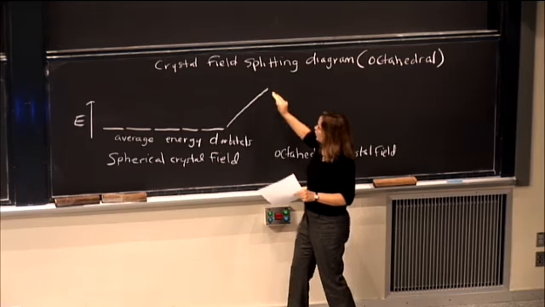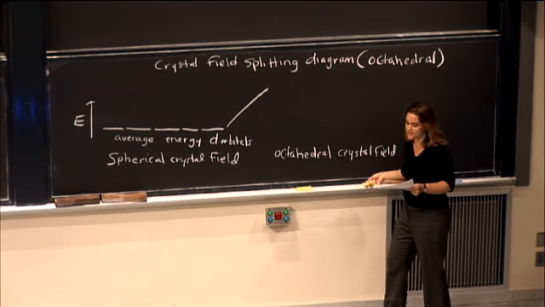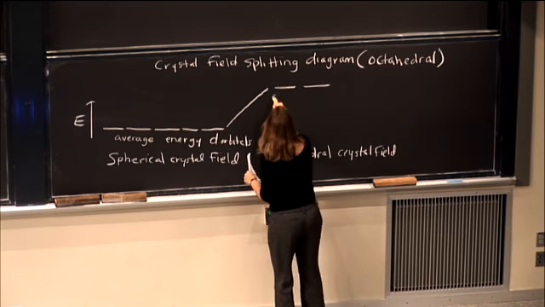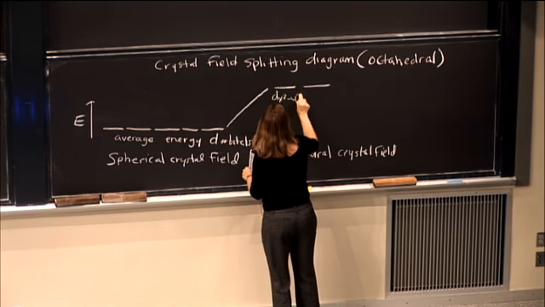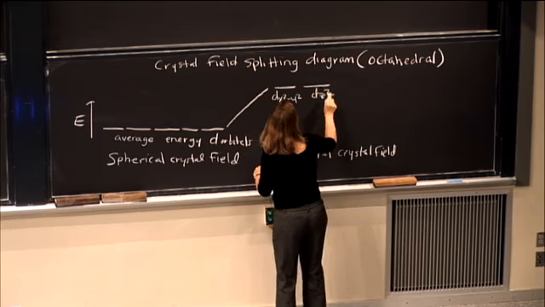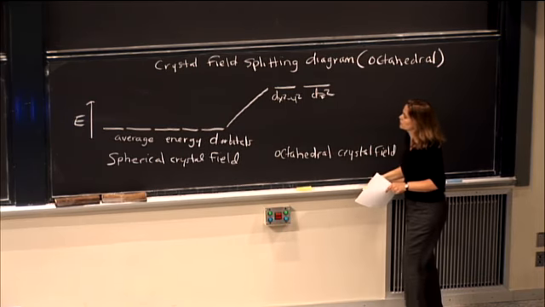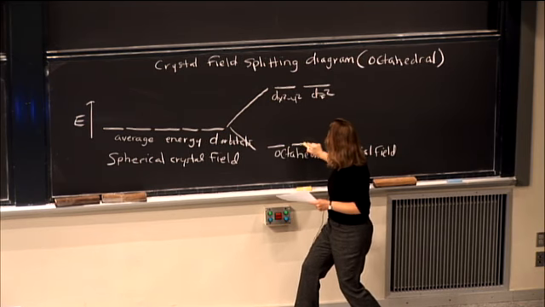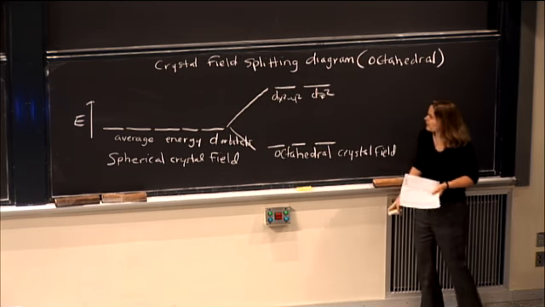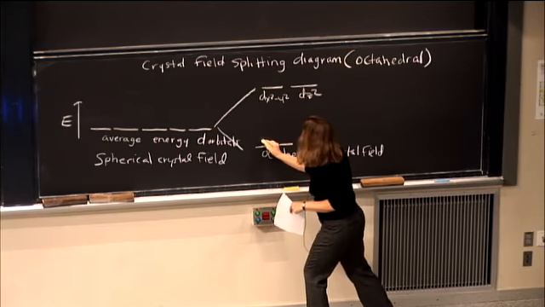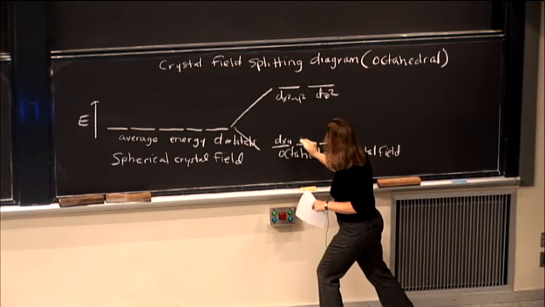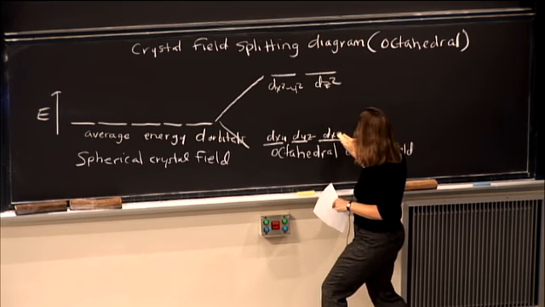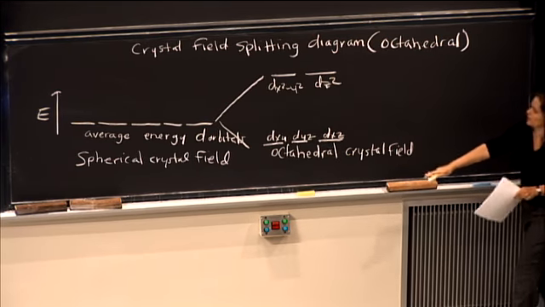So some of our orbitals are going to be destabilized, and they'll be higher in energy here. So the dx squared minus y squared and dz squared over here are going to be higher in energy. And we're going to have 3 that are lower in energy. So we'll have our dxy, our dyz, and our dxz over here. Will be lower in energy.